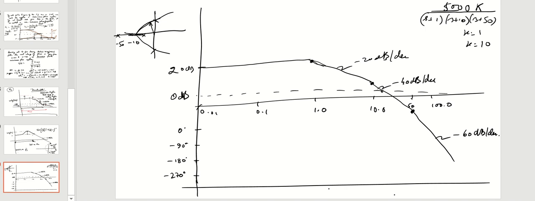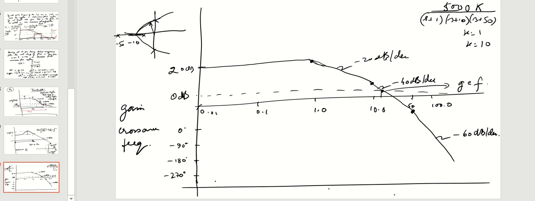This is where you cross the constant 0 dB line, and this is what we call the gain crossover frequency, GCF. How is this relevant?